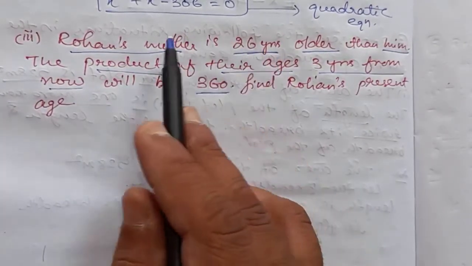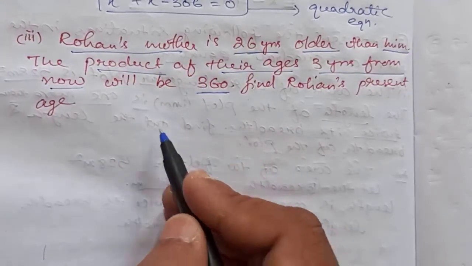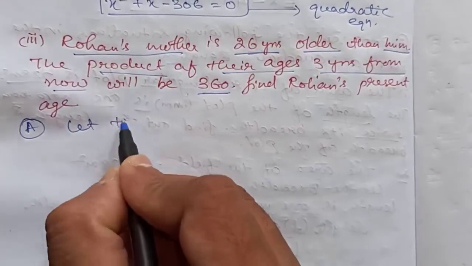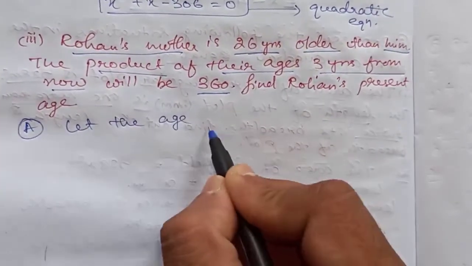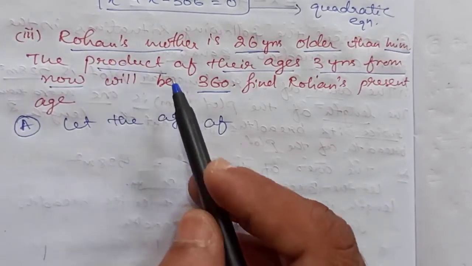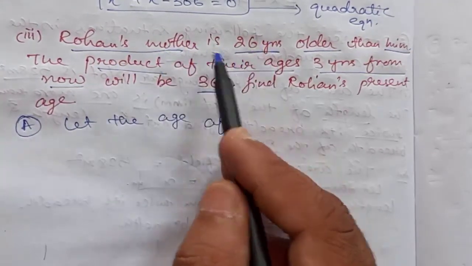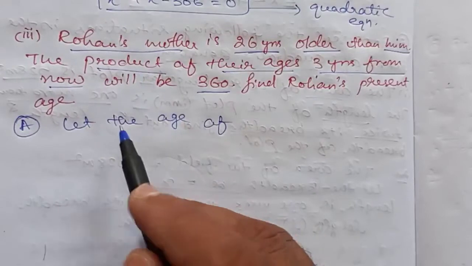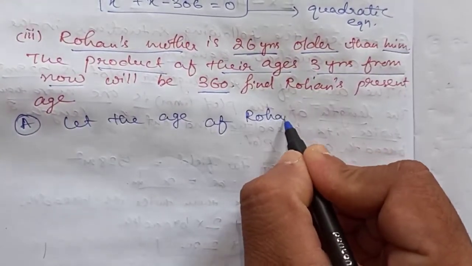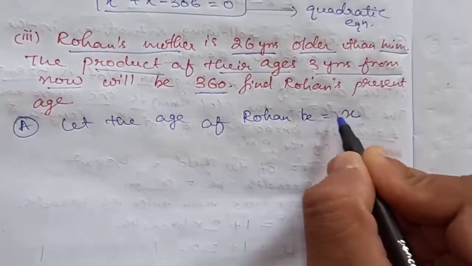So we have to represent this statement in quadratic equation. First of all, whose age do we have to take? We have to take Rohan's age first, because mother is 26 years older than him. That's why first of all we should take, let the age of Rohan be x years.